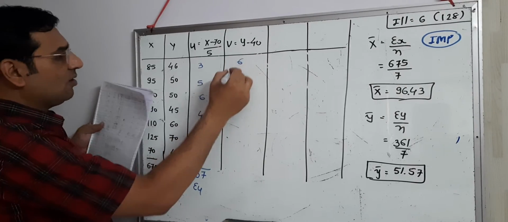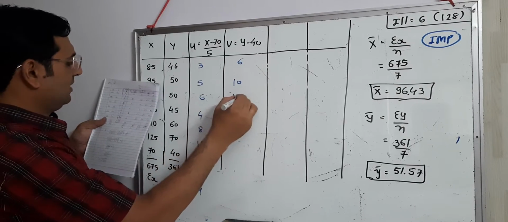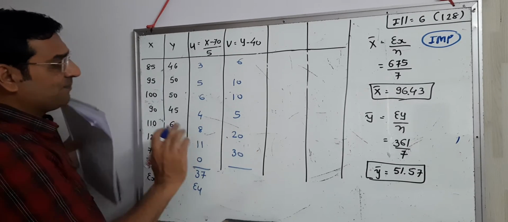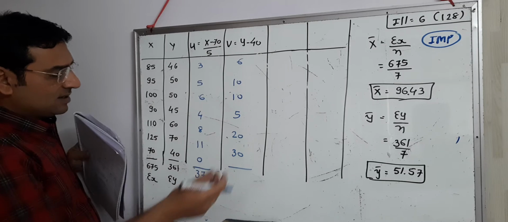So your V column is 6, then 10, then 10, then 5, then 20 and 30. This is V, y minus 40.